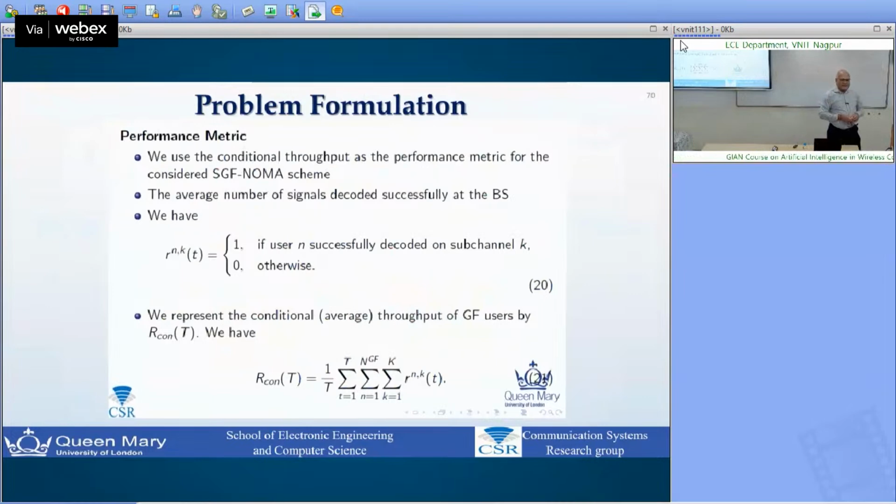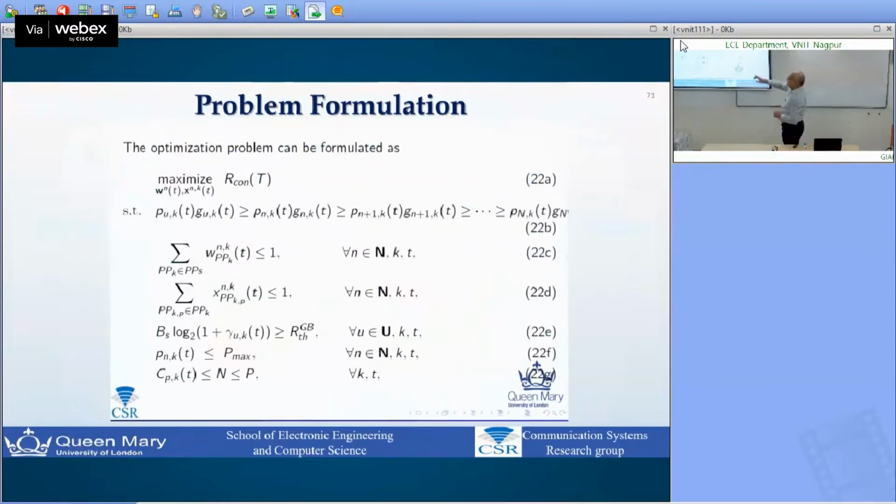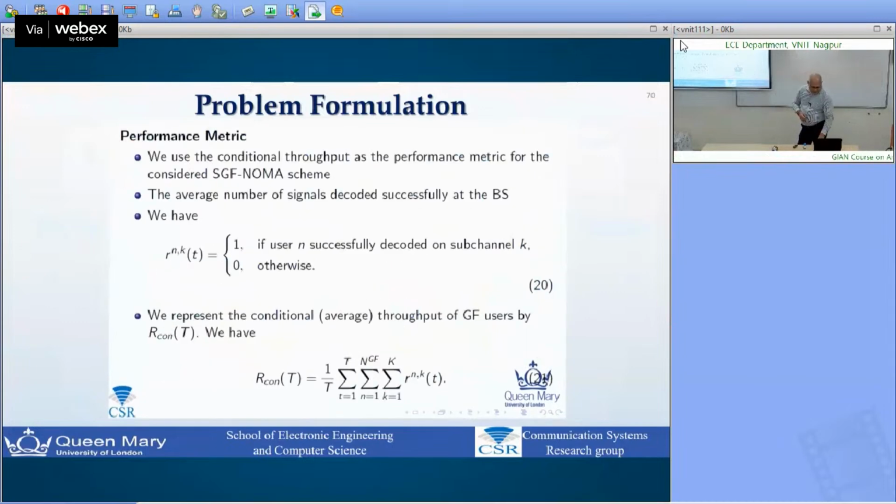Now we have to maximize this metric, because we have to maximize the number of users successfully decoded with no collision. If we avoid the collision, they can be decoded. So the problem is to maximize this, that means maximizing the number of devices successfully decoded.